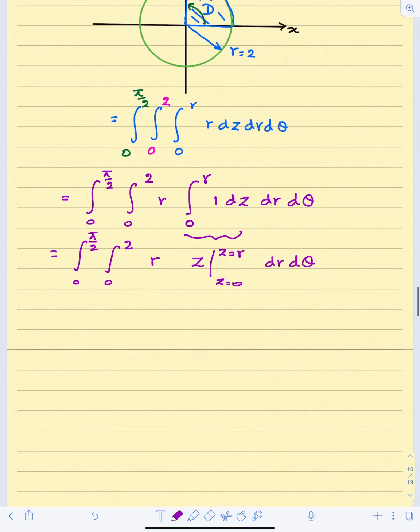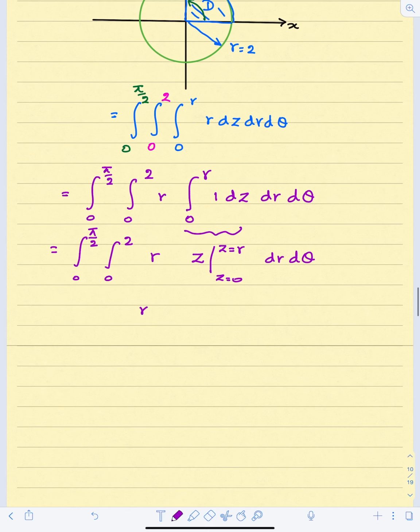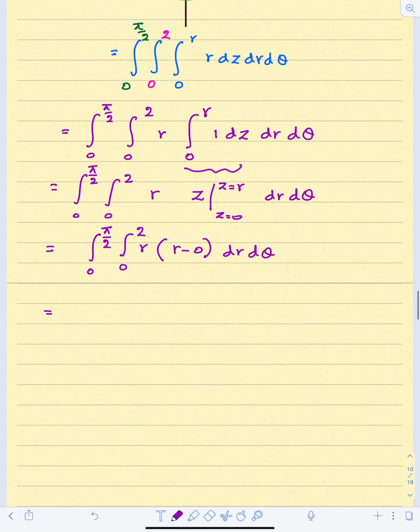Apply the upper limit and then the lower limit. r minus 0 is r, times r is r squared. So we have r squared dr d theta.